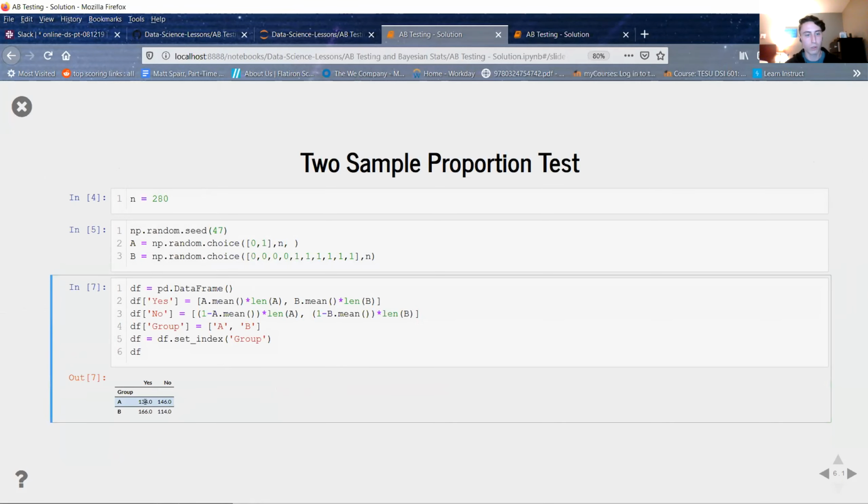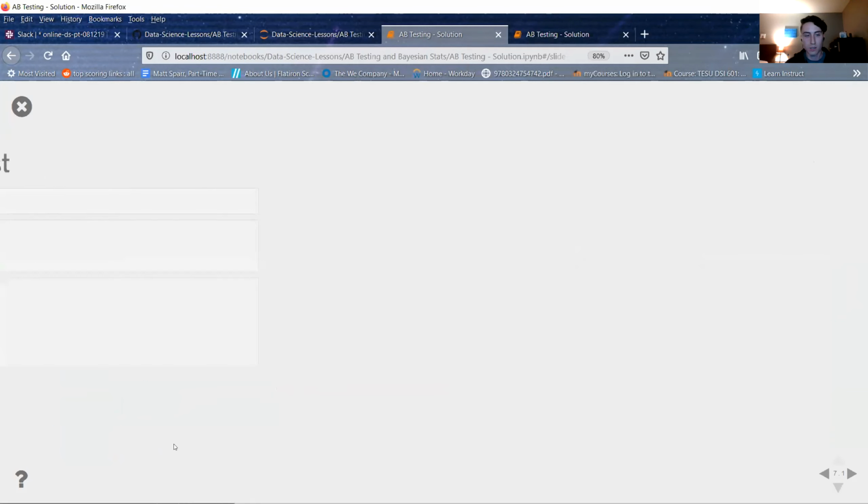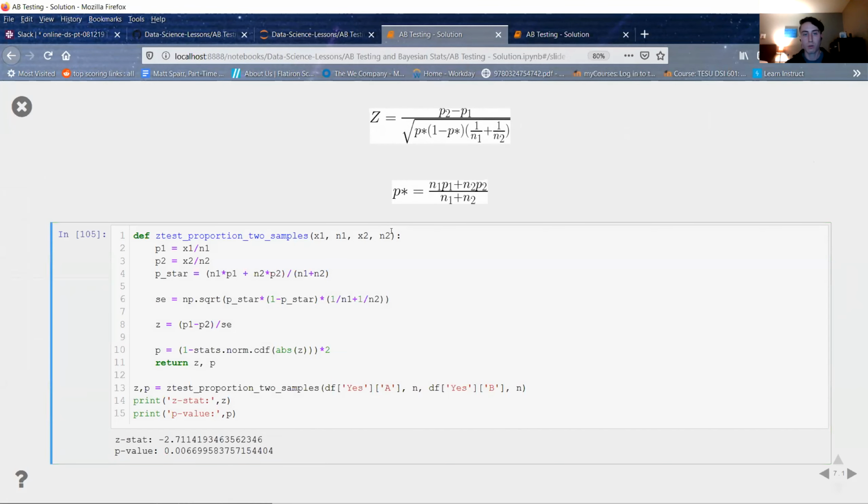Okay, so for group A, our X would be 134, and then for group B, it would be 166. So that's what we're gonna pass into the function, and then we also pass in how many samples were in each group, which in this case, they're equal, so it doesn't make a huge difference. So then P1 is going to be the number of ones in group A divided by the number of samples in group A, similar for P2, but with group B.